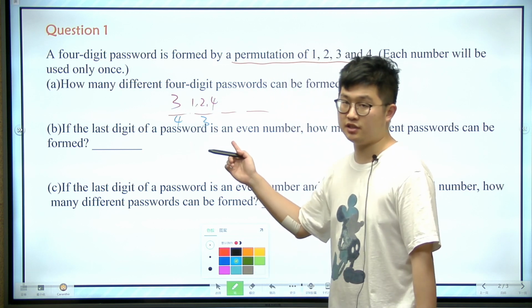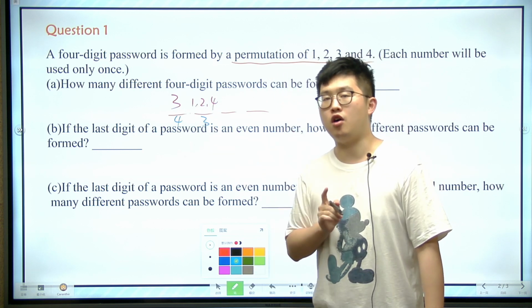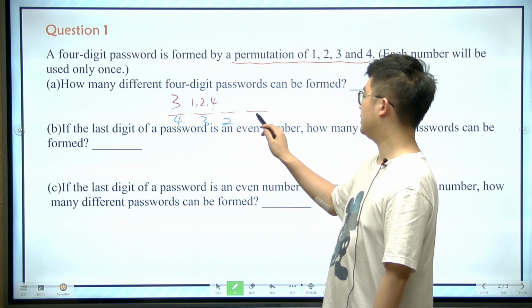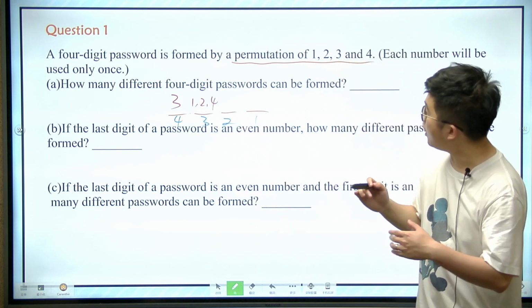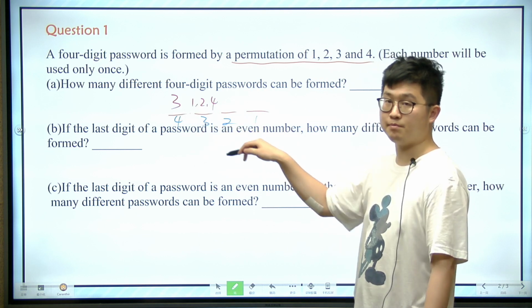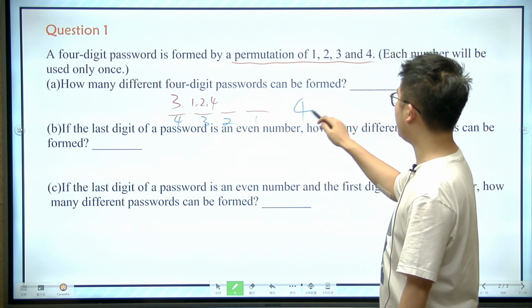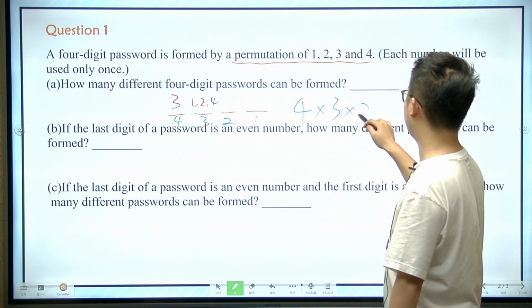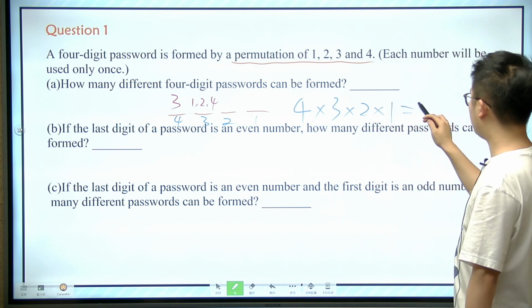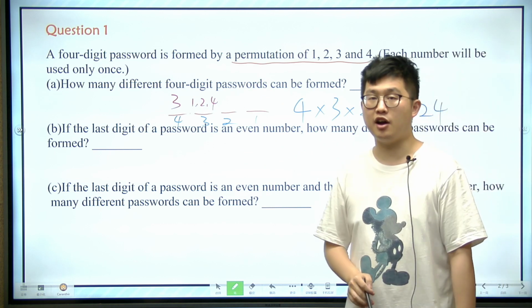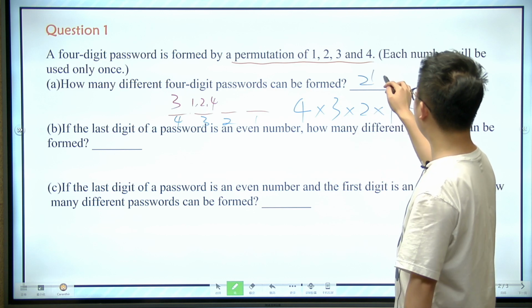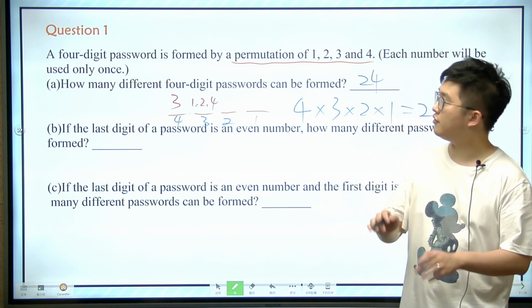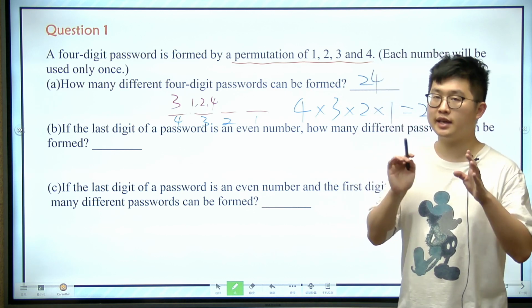We used one more, so there are only 2 left, and then 1 left. In total, we should multiply them: 4 times 3 times 2 times 1, which is 24. So 24 different 4-digit passwords can be formed.